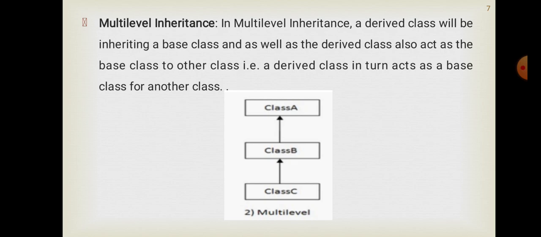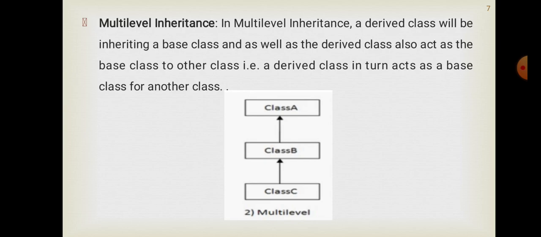Next, we are going to see multi-level inheritance. If there is more than one level of inheritance, it is called multi-level inheritance. In multi-level inheritance, a derived class inherits a base class, and the derived class in turn acts as a base class for another class.